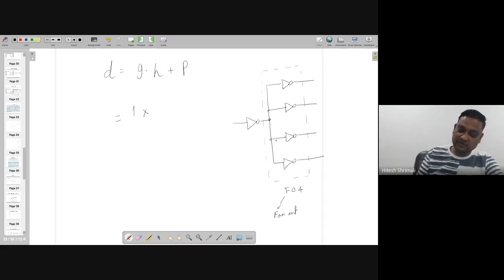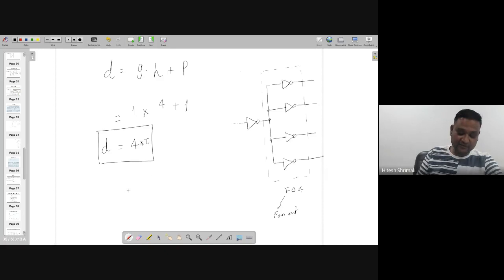So looking into the input side, it's 4 and the inverter has 1, so 4 by 1, that will be C out by C in, and parasitic delay is 1, so this is equal to 4. Note that this number is normalized to the propagation delay of each inverter, which should be known to you at the beginning, so that you can find out the rest of the things.